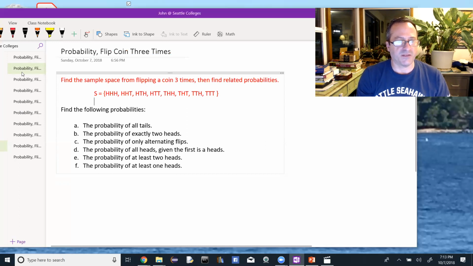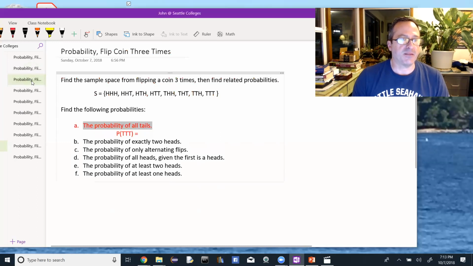So we know which one is first, second, and third. So that things like heads, heads, tails is different from tails, heads, heads. Whereas if I just threw 3 coins up in the air, those 2 things would be the same, 2 heads and a tail. But because I'm doing 1 coin consecutively, the rolls are considered different.